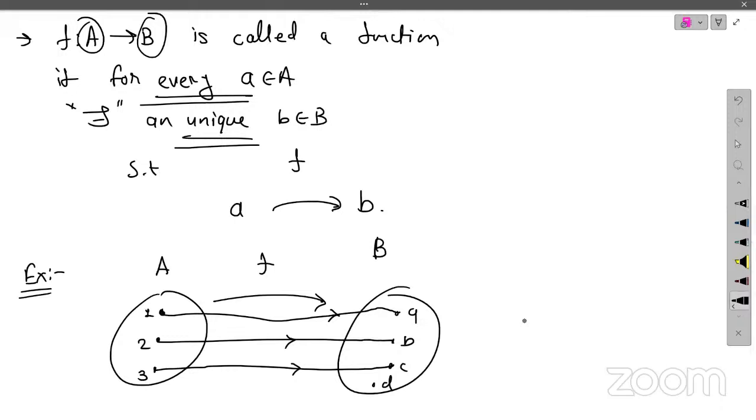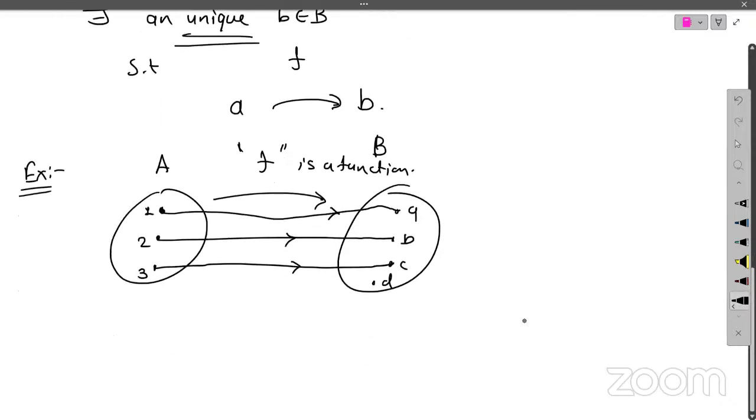That means every element of A has an image in B. And it has a unique output, because 1 goes to a, 2 goes to b, and 3 goes to c. If I take one input, I get a unique output, not more than one output. So this map is a function.